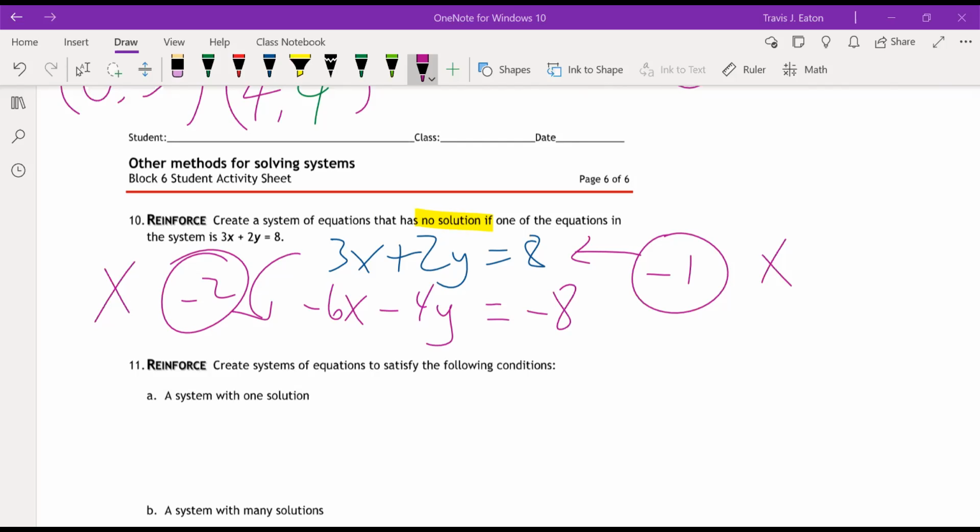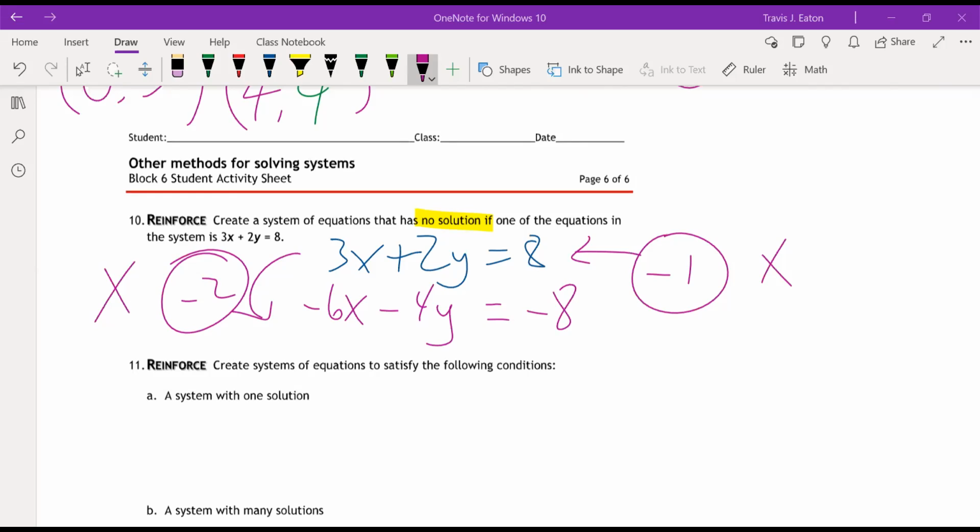Now, this next one, when I multiplied one side by -2: -6x minus 4y equals -8. So you can see all I did was create another line that's parallel to the first line, but crosses the y-axis someplace else.